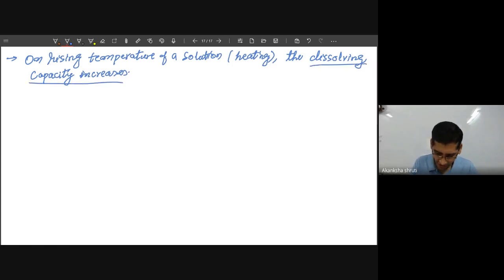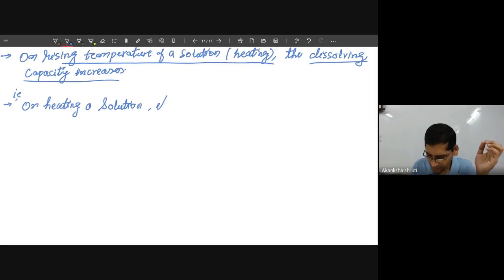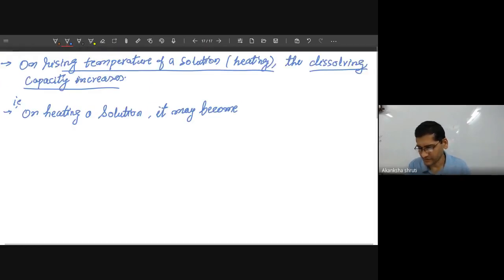So while dissolving capacity is increasing on heating, it means if you heat a saturated solution, it becomes unsaturated. ये क्वेश्चन बार बार पूछा जाता है. So on heating a saturated solution, it may become unsaturated.